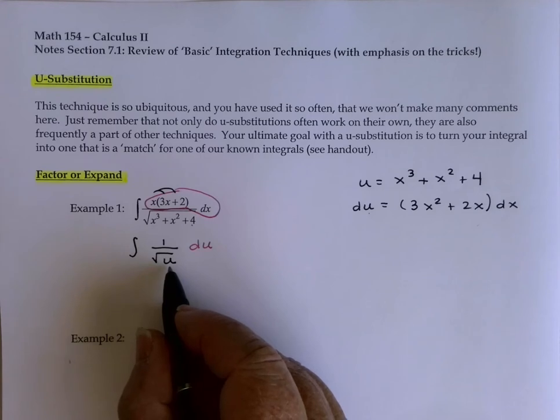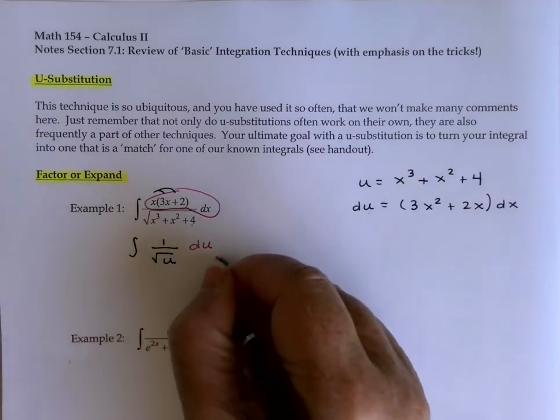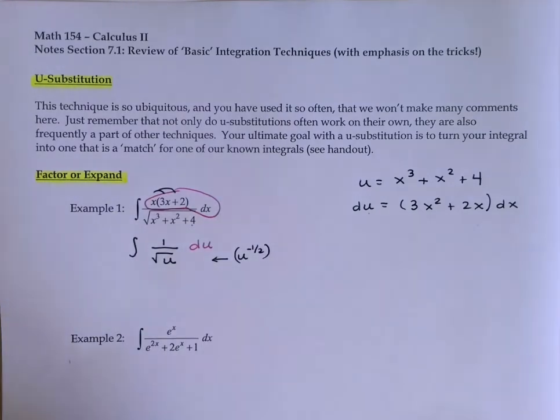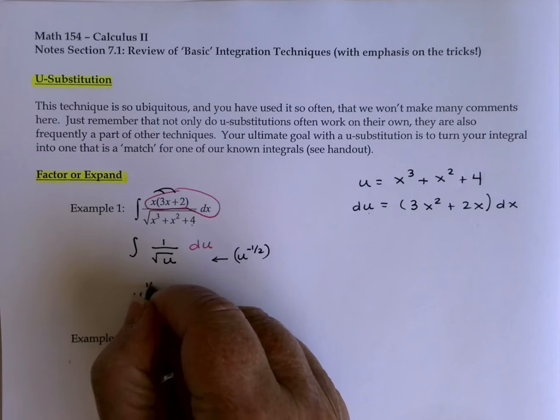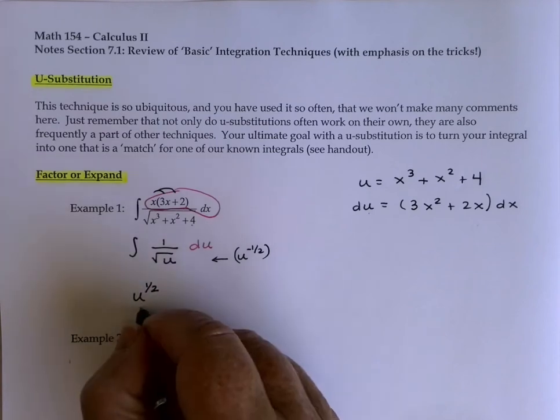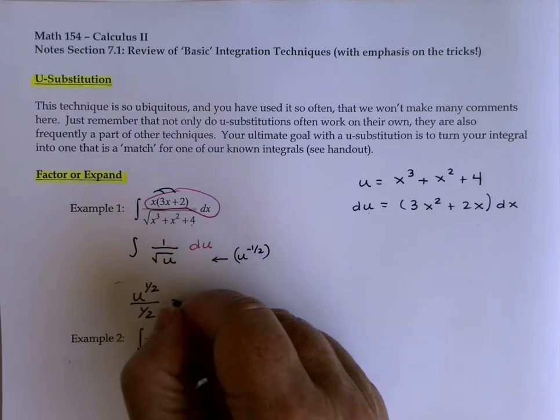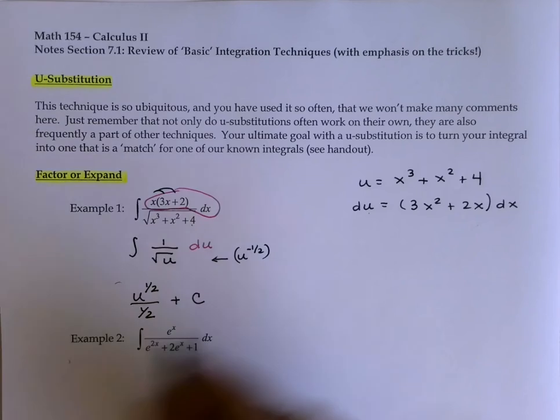That's really u to the negative 1/2. So the antiderivative would be u to the positive 1/2. Dividing by 1/2 is actually the same as multiplying by 2. I'll put that in the next step. Plus c.